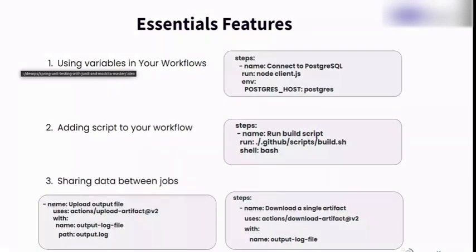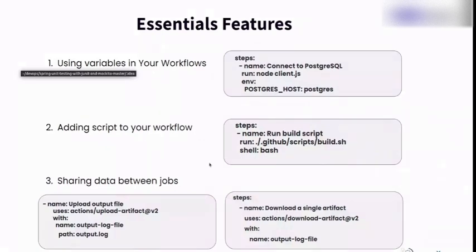The third is sharing data between jobs. As we can define multiple jobs in your workflow, let's suppose I am creating an artifact for my application, and in the second job I want to use that build artifact from the previous job. So the feature of GitHub Actions is that you can share the data between jobs.